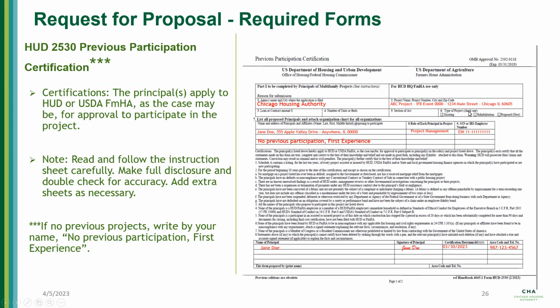And then you will enter the loan or contract amount, number of units or beds, if it's applicable. If not, you want to say NA or 0 in this case, because it's asking for numbers. And of course, don't forget to sign, list your name and the signature of the principal, the date, and the phone number.